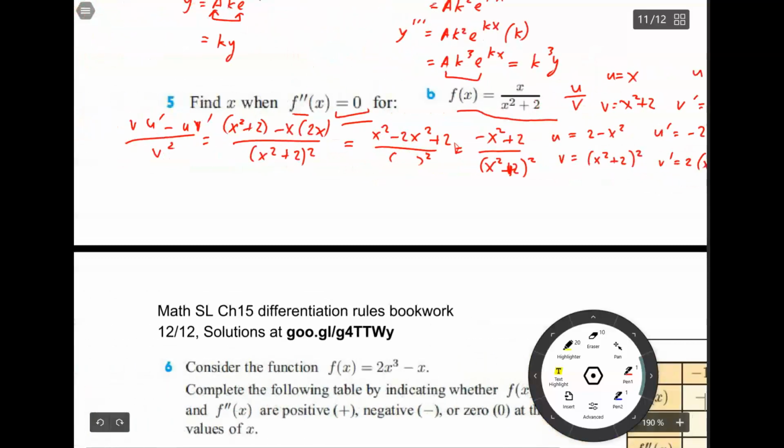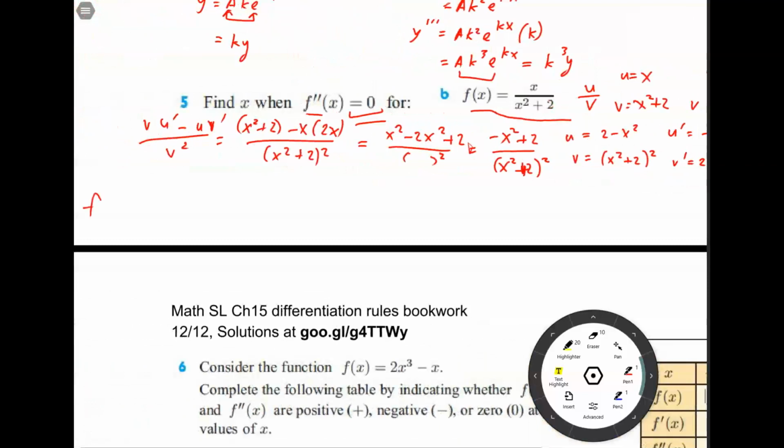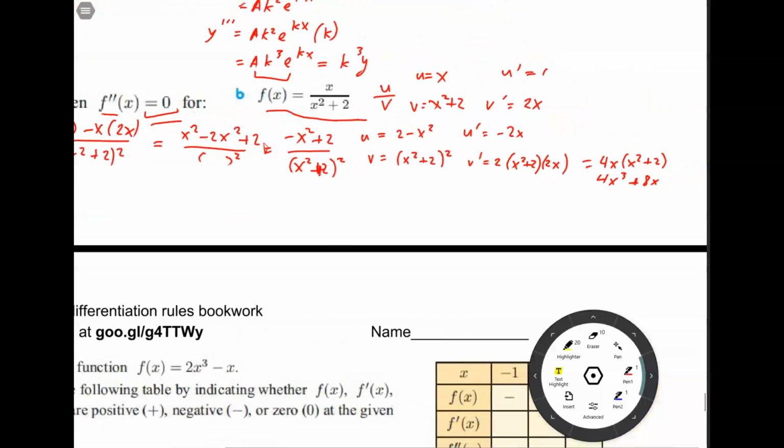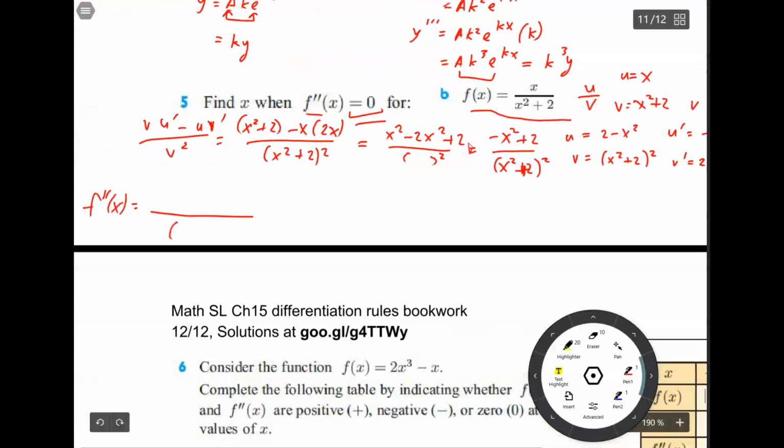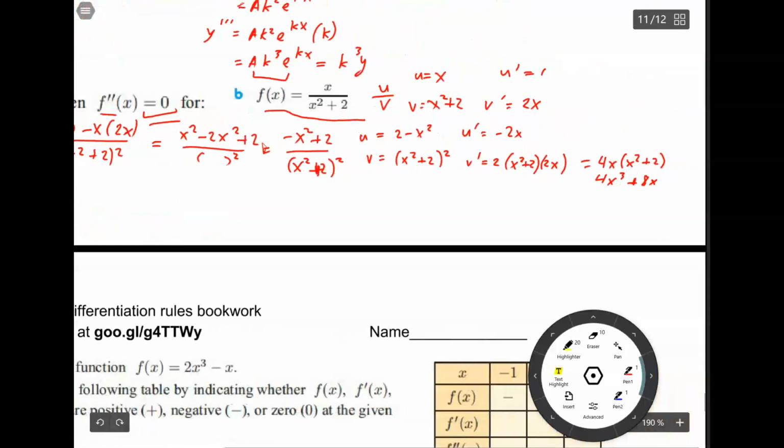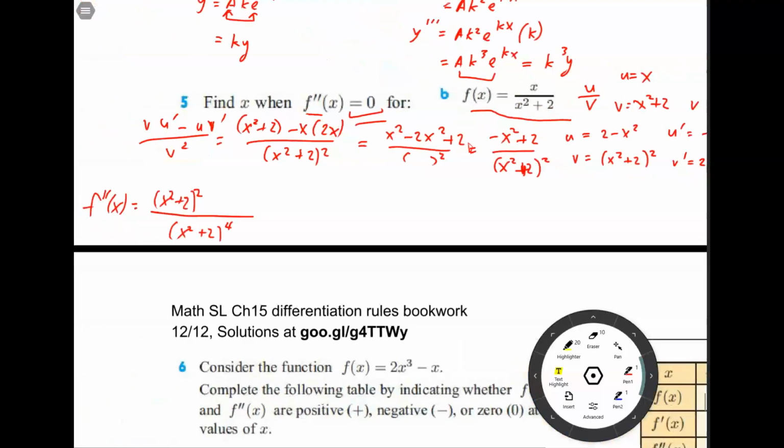So if I do quotient rule, this will be for the second derivative, right? So v squared is going to be x squared plus 2 quantity to the fourth. Okay, and then I'm going to put x squared plus 2 squared v, and then I'm going to put u dash, which is negative 2x at this moment.